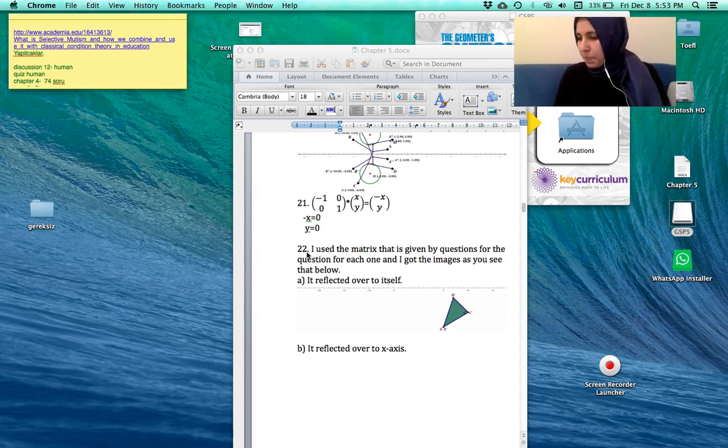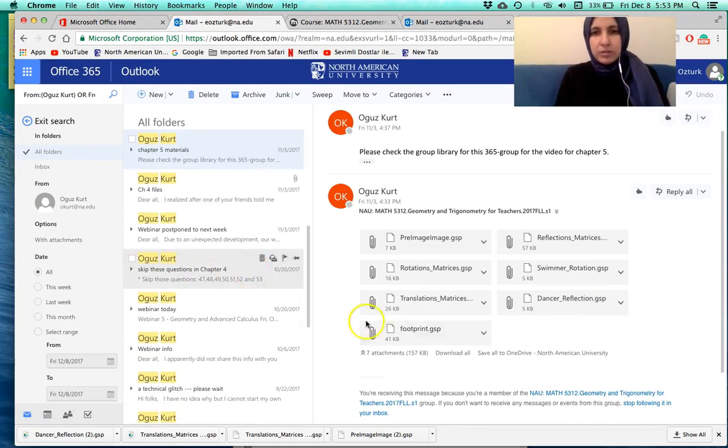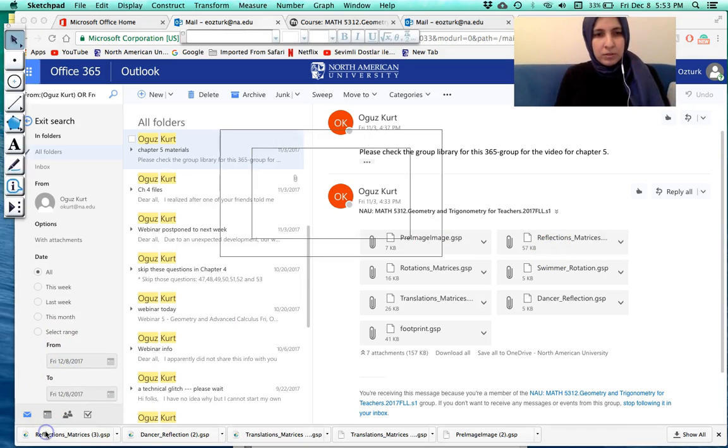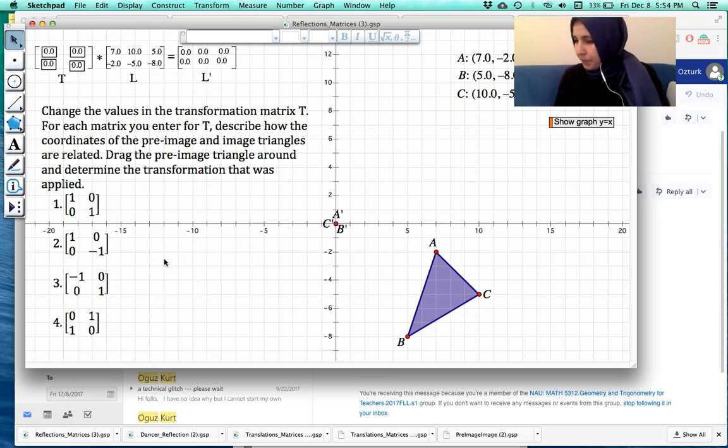Question 22. Open the sketch reflection matrices. In this sketch you will see the coordinates of the vertices of an original triangle and the coordinates of their image.